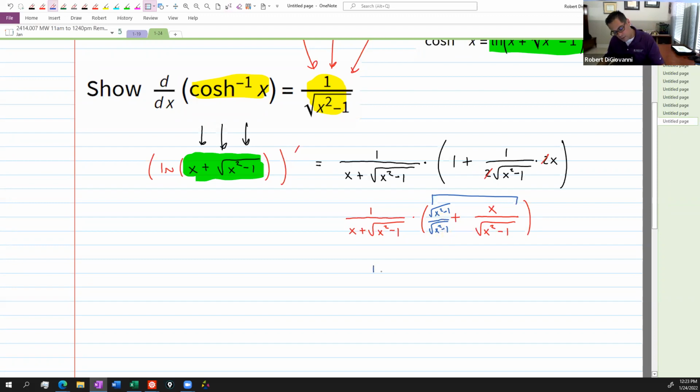So when I do that, I get 1 over x plus the square root of x squared minus 1 times, now put these two together, so they'll have a single numerator, the square root of x squared minus 1 plus x over the common denominator, the square root of x squared minus 1. Any questions on me putting these together algebraically? Do y'all see what happens?